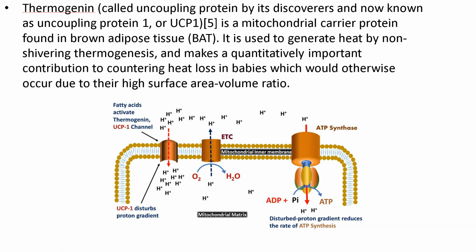It makes a quantitatively important contribution to countering heat loss in babies, which would otherwise occur due to their high surface area to volume ratio. I would like for you to look at the picture and think about how it is creating heat, similar to the question I just asked you, okay?